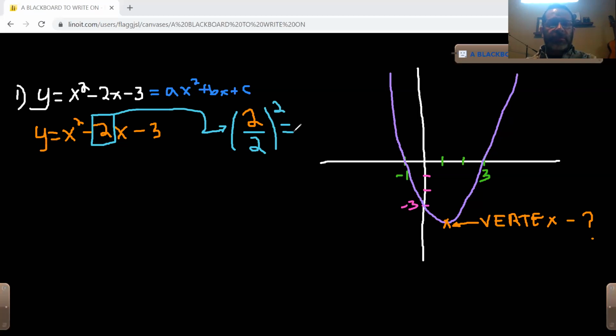It's a very simple mathematical operation. What does that give me? 1. Yes, it gives me 1. Okay. This is step 1. We grab this value, we divide it by 2, elevate it to the square, and we get the 1. And by the way, bear with me and let's go through the whole procedure so you can see where we're getting at. Once we have this value, we're going to go back to our original equation.